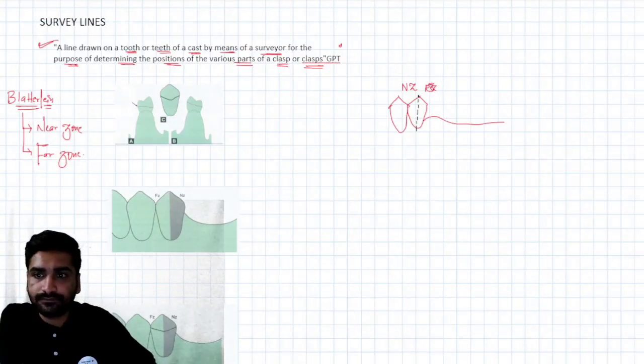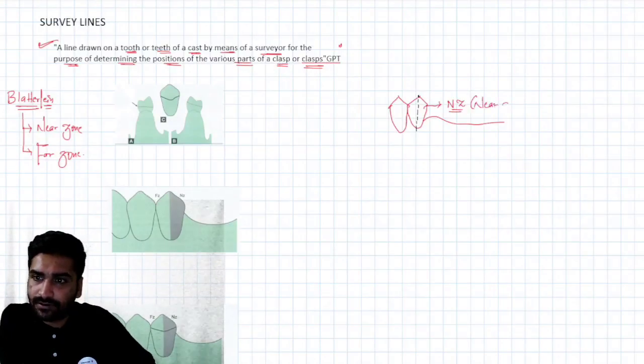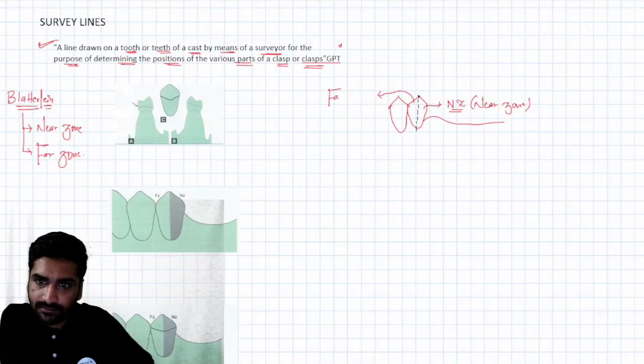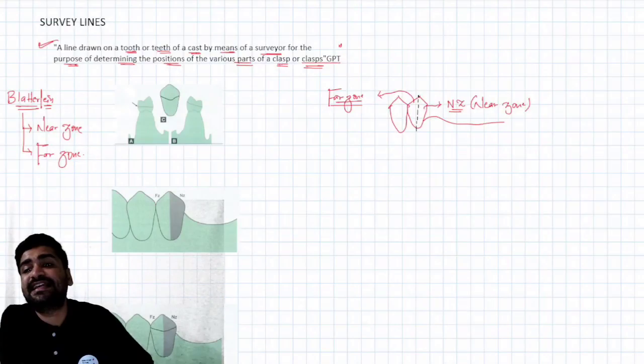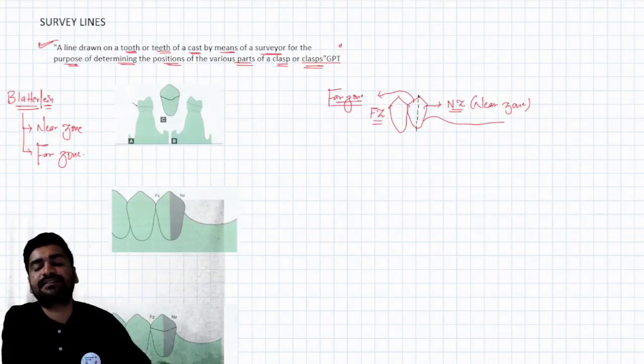So when I divide the tooth into two equal halves, on the left side and the right side, the area which is nearer to the edentulous space is called the near zone. NZ stands for near zone. The area which is away from the edentulous space is called the far zone.